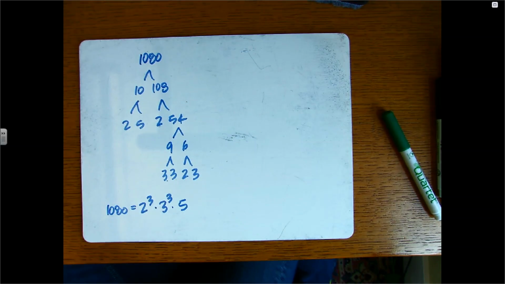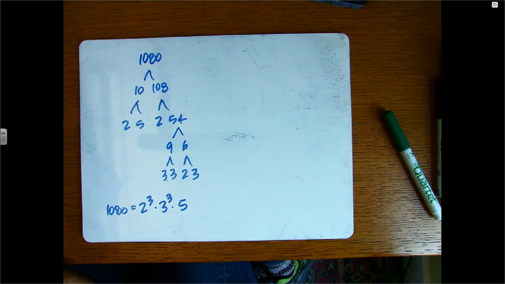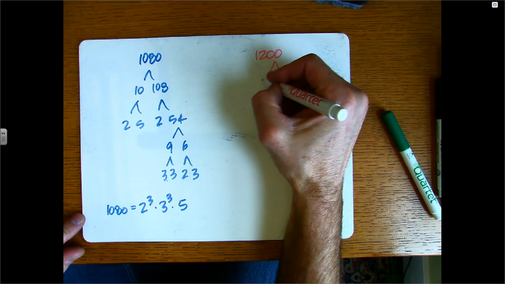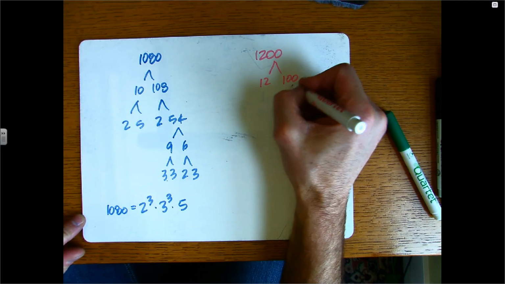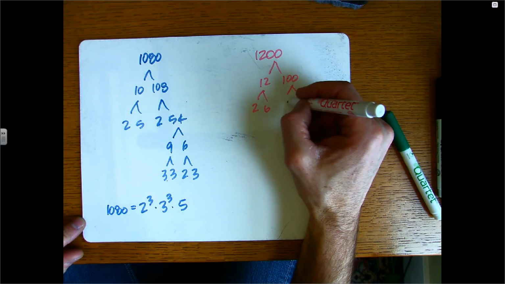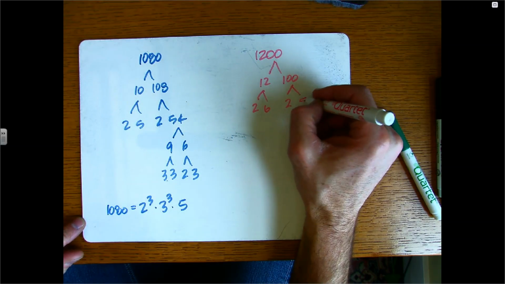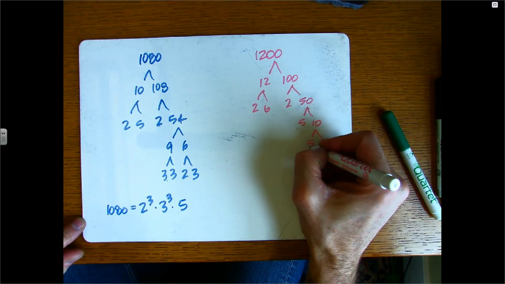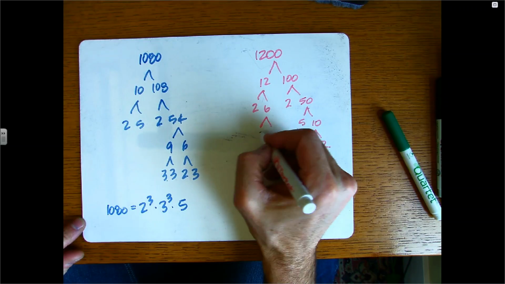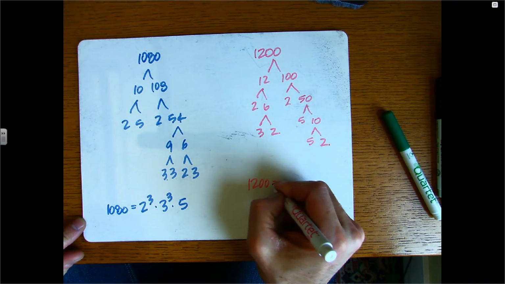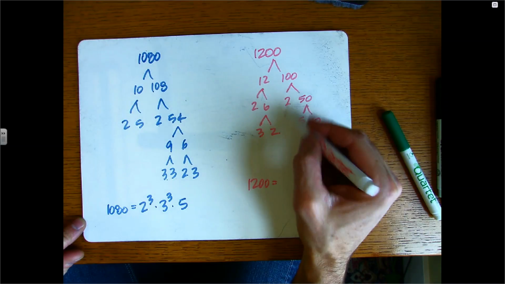And the other one is 1200, which is, I guess, 12 100s. That's 2 and 6. Let's do 2 and 50. That's 5 and 10. That's 5 and a 2. That's a 3 and a 2. So 1200 can be written as 1, 2, 3, 4 2s.